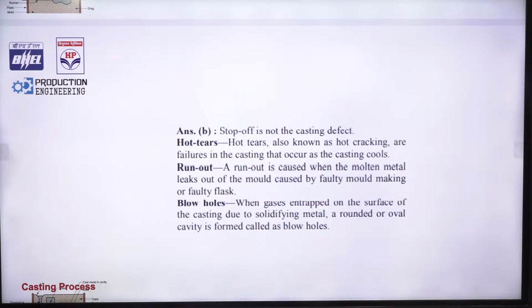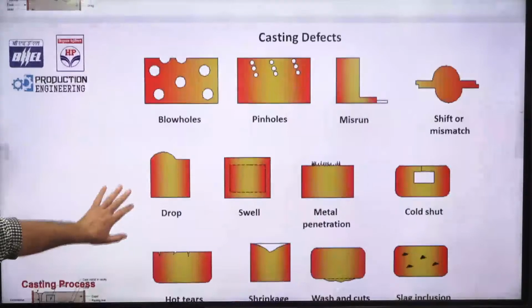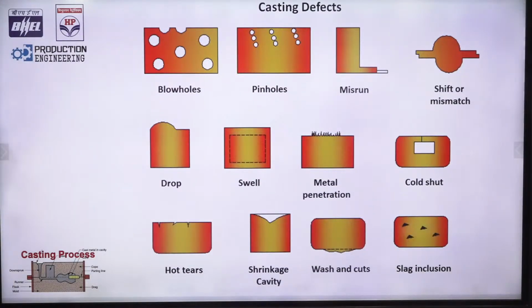What are the various defects should be very clear, and what are the reasons for that? Blowhole, pinhole, they are because of porosity issues. Slag inclusion, wash and cut, shrinkage cavity, hot tears, drop, swell, metal penetrations, cold shut, shift or mismatch.